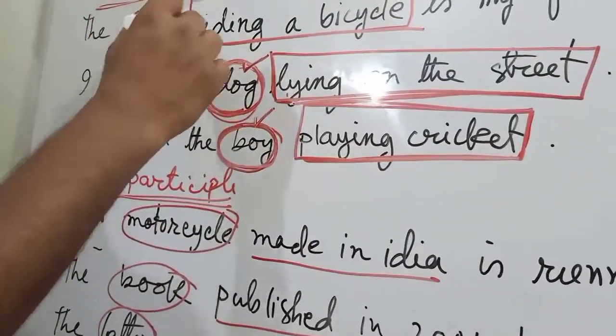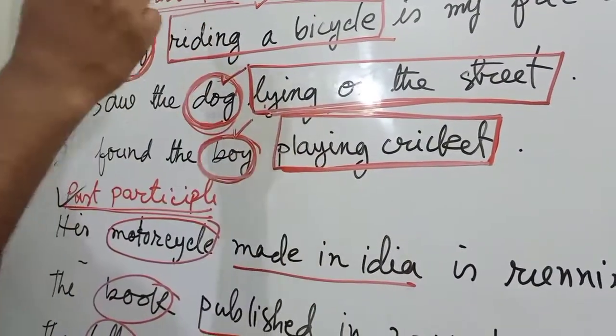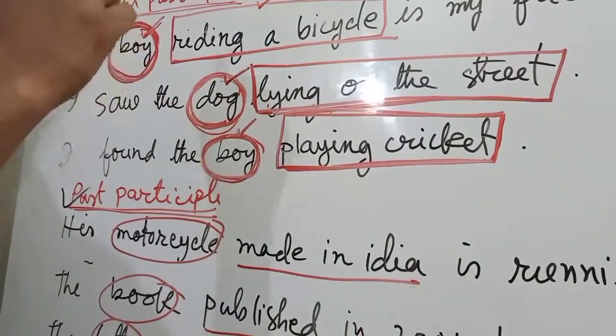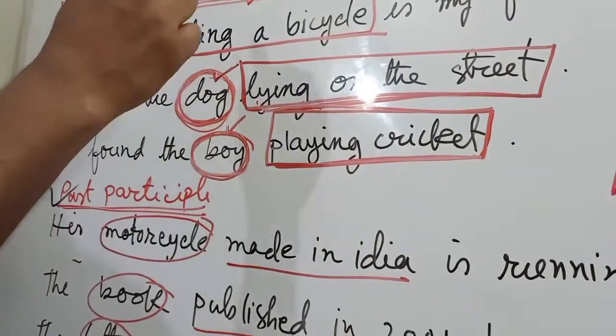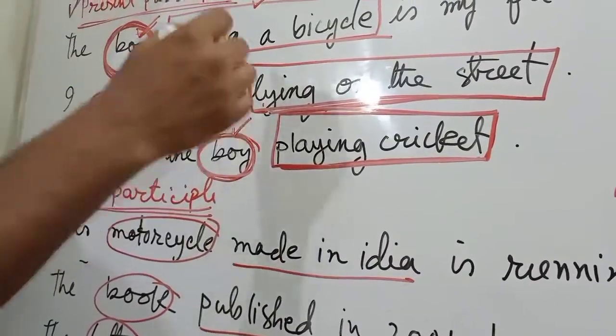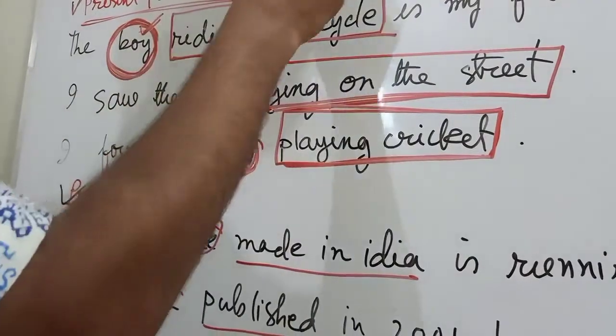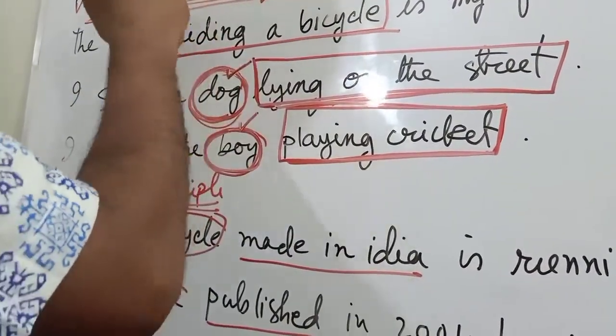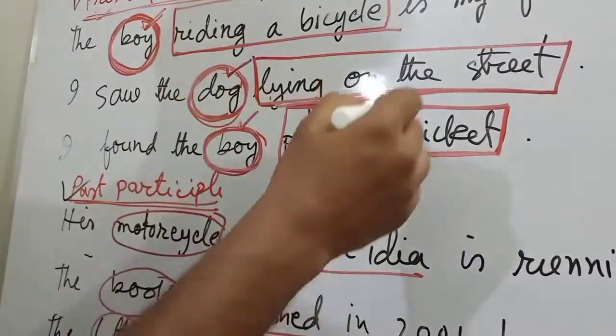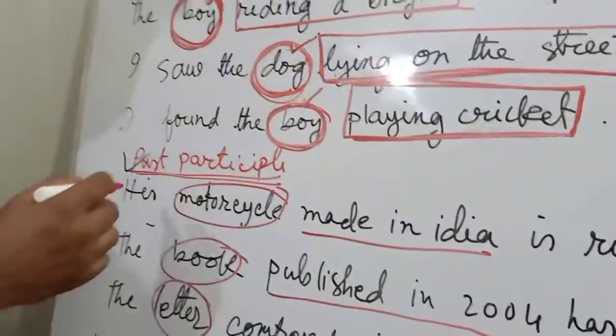Here, in the three examples, we have seen that in every case these present participle phrases are used as post modifiers.